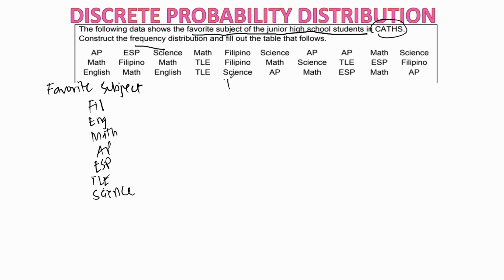Ngayon, naglalagay ka dito ng tally. Okay? First, punta mo na sa Filipino. Ilan ba yung Filipino makita mo? So, cross out mo siya. So, 1, 2, 3, 4. Okay? So, pwede mo pang itali 1, 2, 3, 4 or pwede mo nang idiretso to the number of students na may favorite sa subject na Filipino.